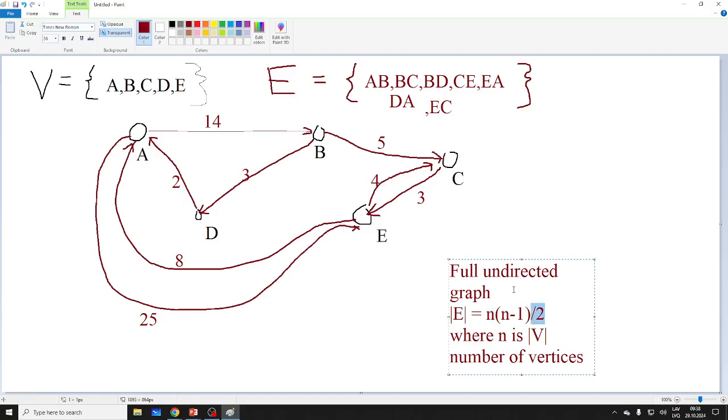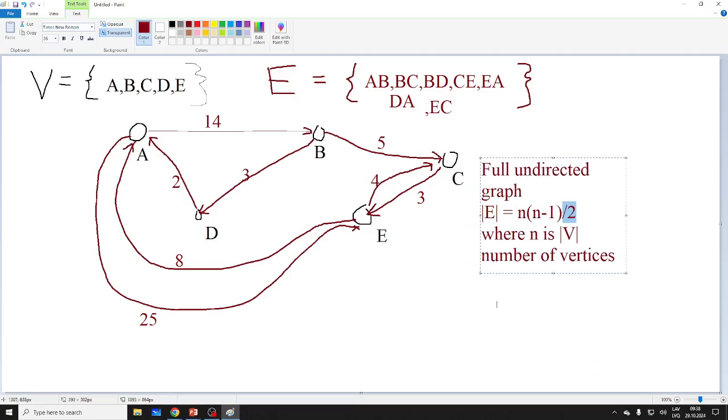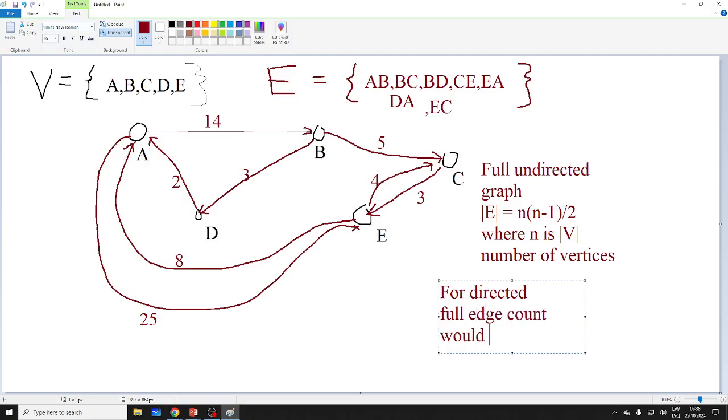So for a directed full graph, the edge count would again be E equals n times n minus 1.